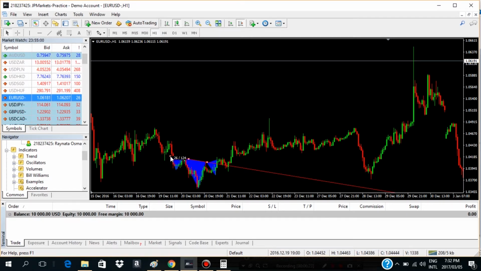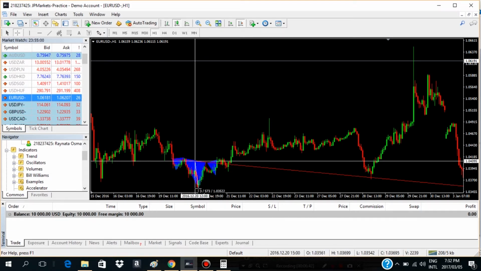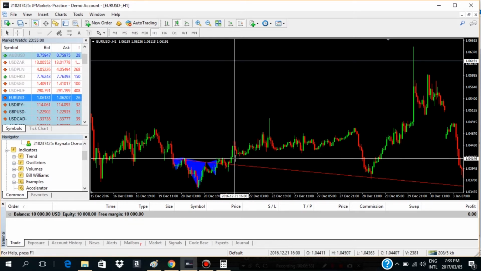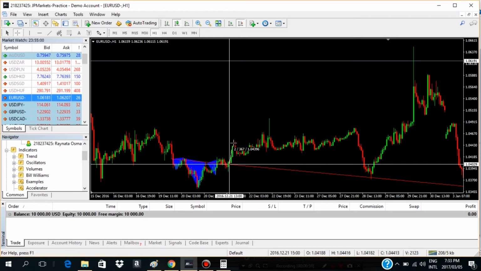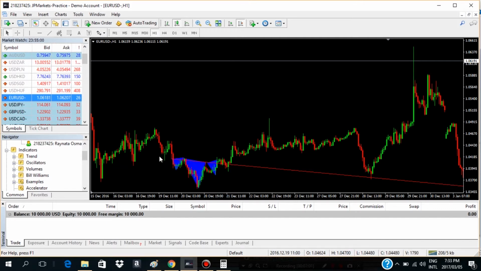So we want to use this here. That is our neckline. So from the neckline to your head, that is 566. So that will be 283.